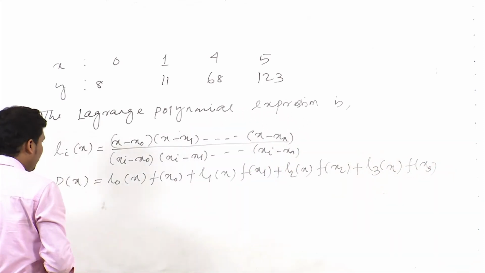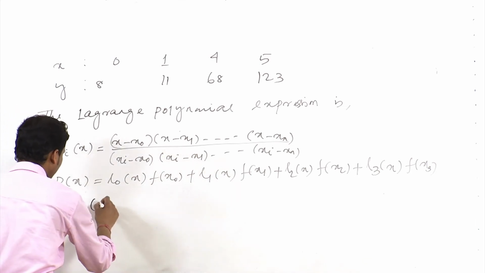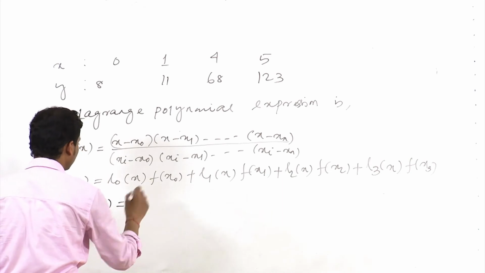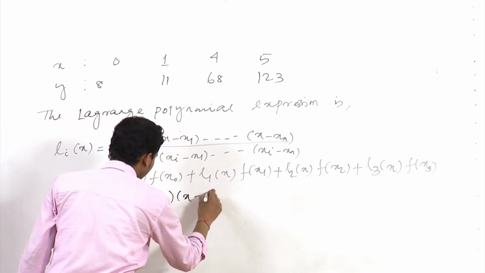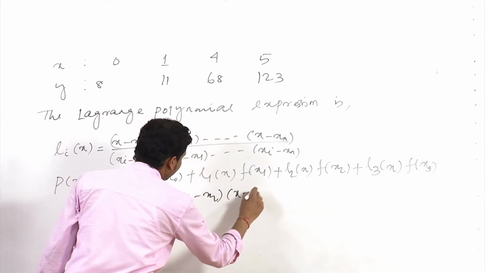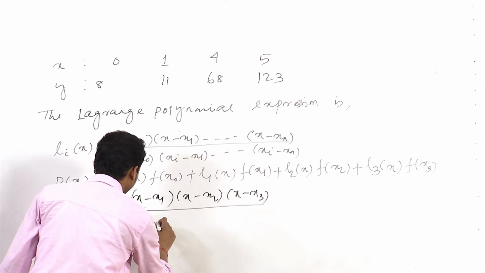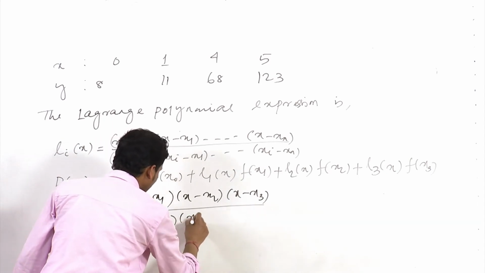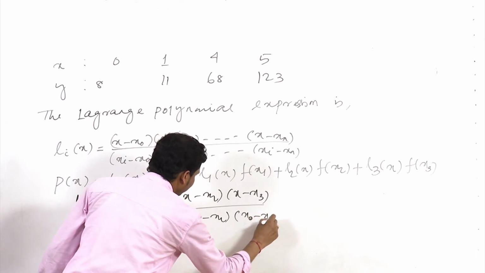So, if I go for the computation of L0(x) here, L0(x) can be written as x minus x1, x minus x2, x minus x3 divided by x0 minus x1, x0 minus x2, x0 minus x3 here.